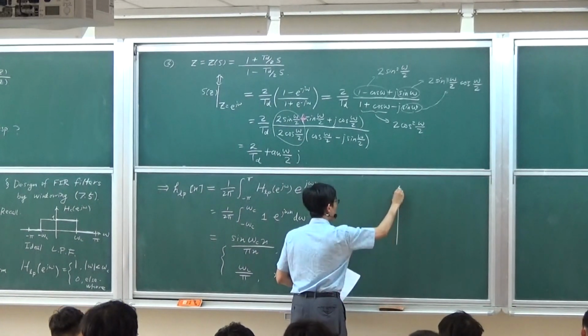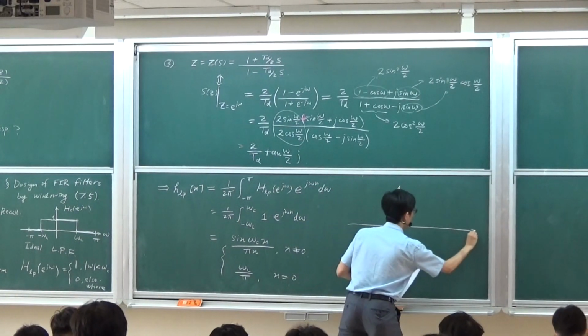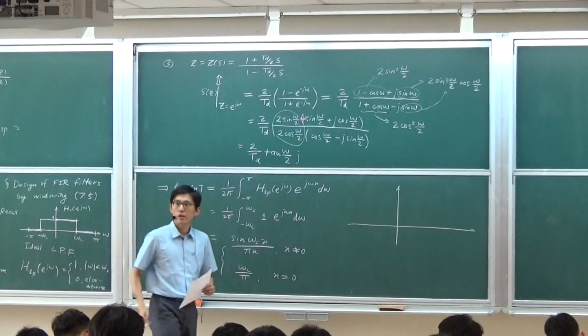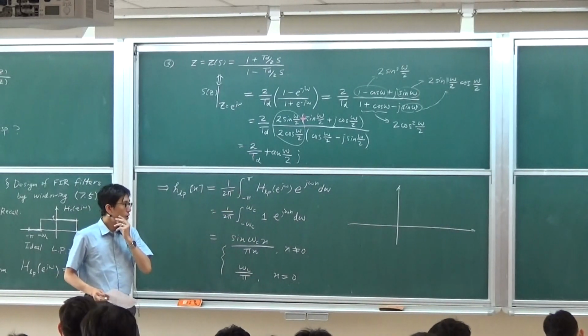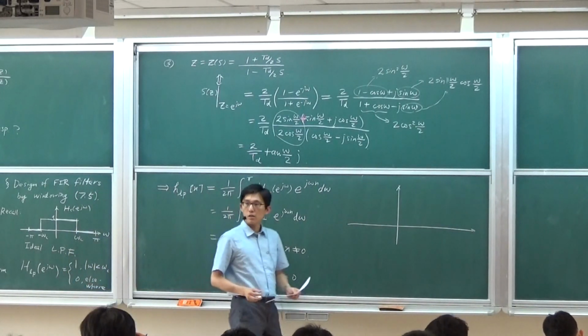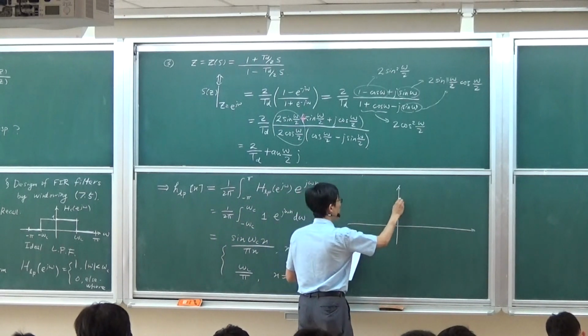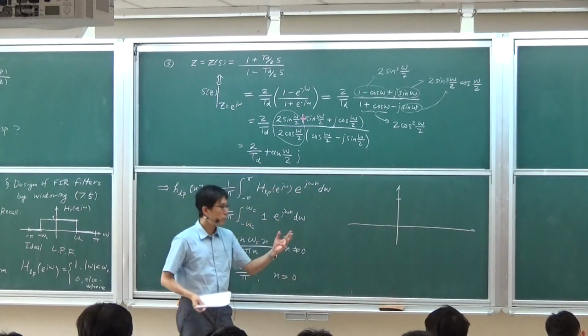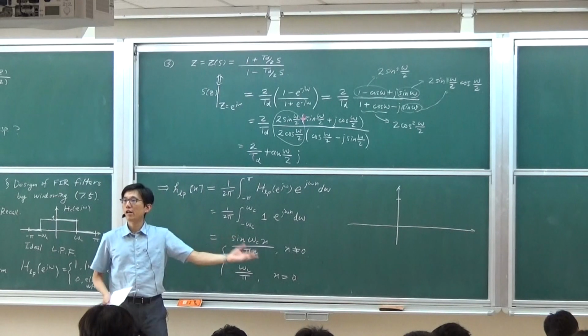So we know that the ideal low-pass filter has an impulse response that lasts forever. It has an infinitely long tail on both sides.